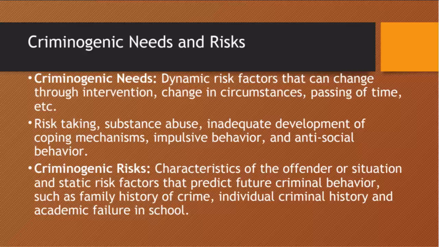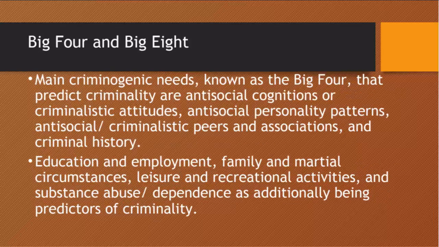The reason why it is a part of the big four is the more crimes you commit, especially when you've started at a younger age, or crimes that are increasing in severity, the stronger a risk factor criminal history is. So that's why they look at criminal history as well.